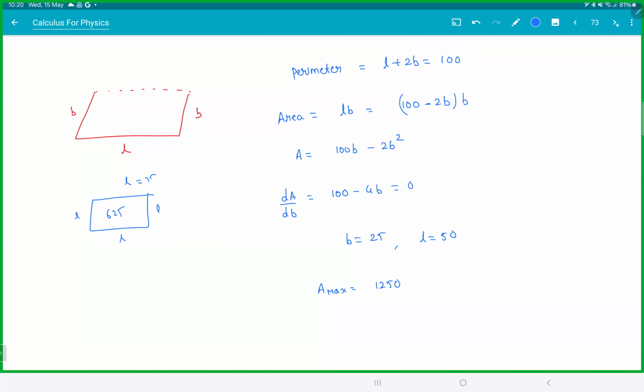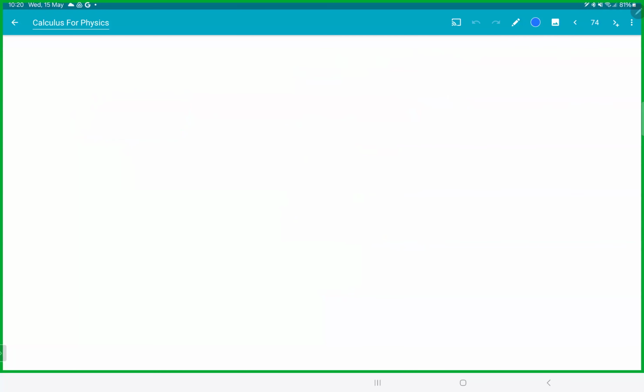The moment you eliminated one side, you got a double area. All clear with this? Easy? Let's see one more. We have a sheet.